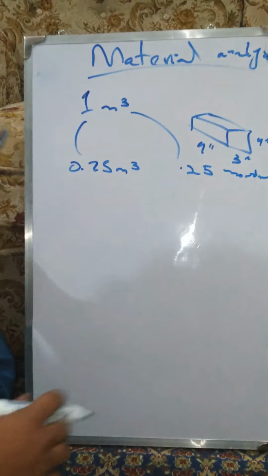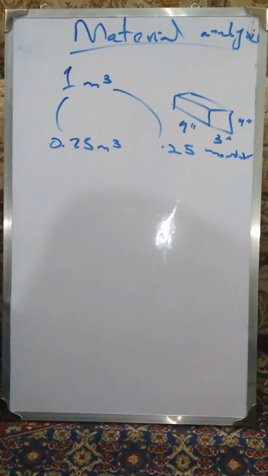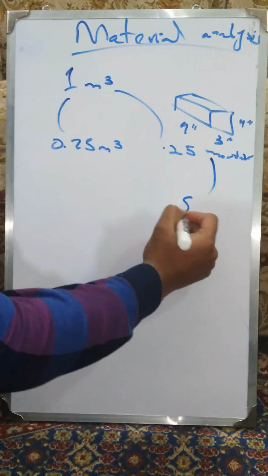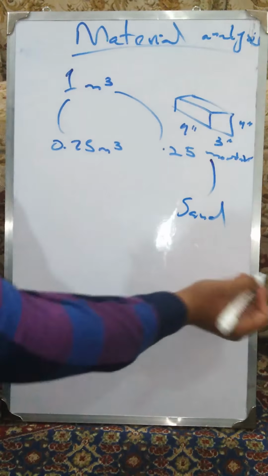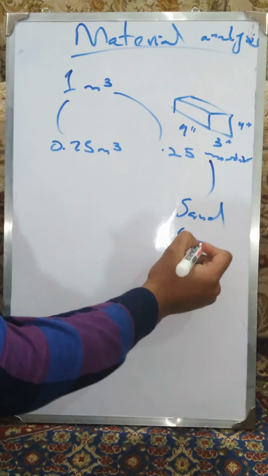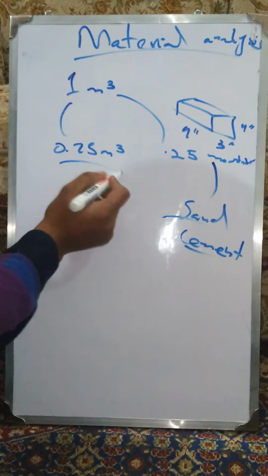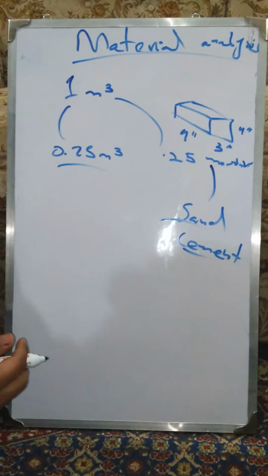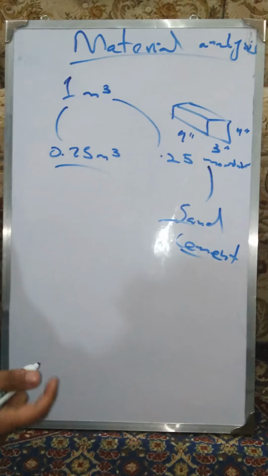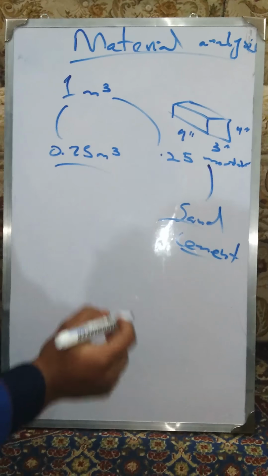Now the mortar is the mixture of sand and cement. We are going to discuss that part later. Now our focus is how many bricks are required for 1 meter cube. So let's move forward.